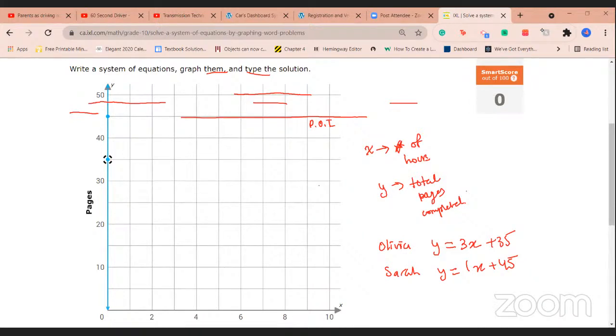Basically we also have to work with the scale of the graph. So let's annotate. 3 up would mean 30 up and 10 right, which is equal to 3 over 1.